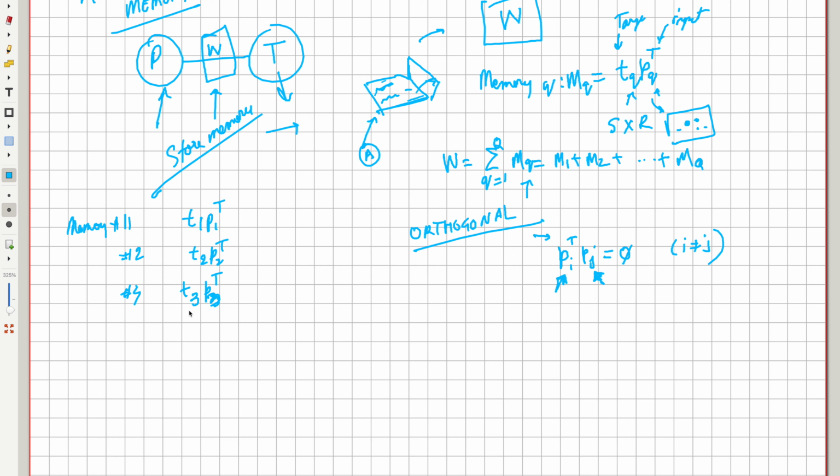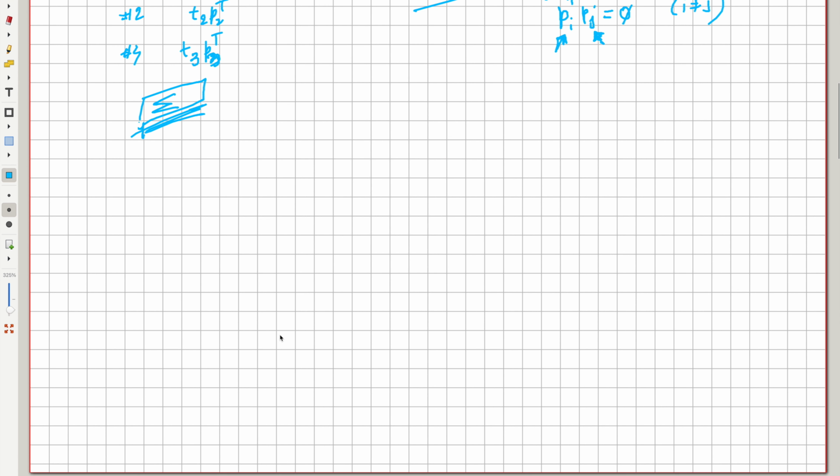And so the total sheet, that is the W that we have, shows us all the layers. And now if we want to recall something, suppose we have some input that we want to use to recall the associated output, it can be done.